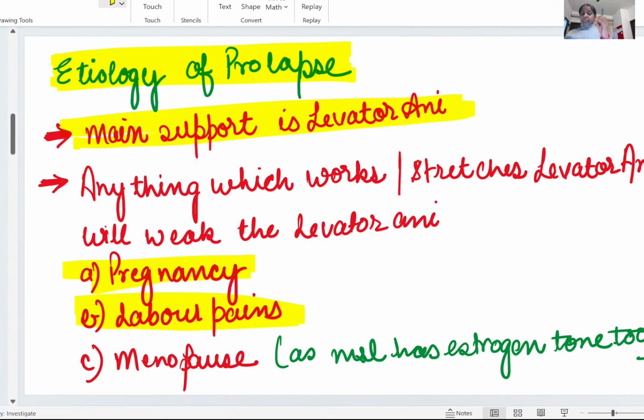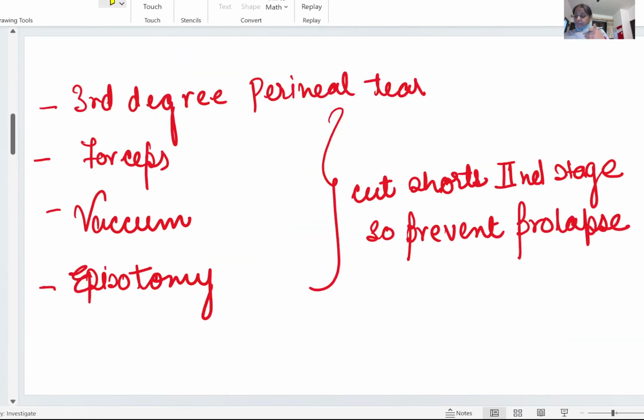So as the menopause occurs, the levator ani weakens. So the main three reasons for prolapse are: the more the pregnancies, the more the prolapse; the more labor pain the patient suffers, the more the prolapse; and when the patient goes into menopause, prolapse occurs again.